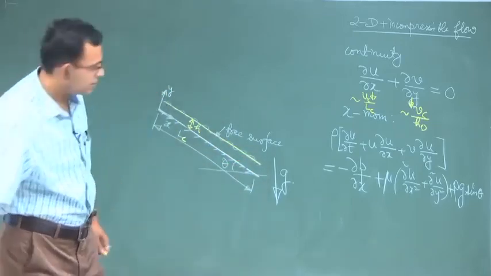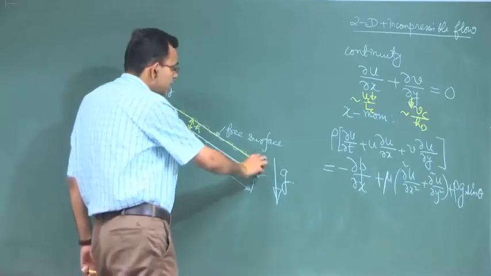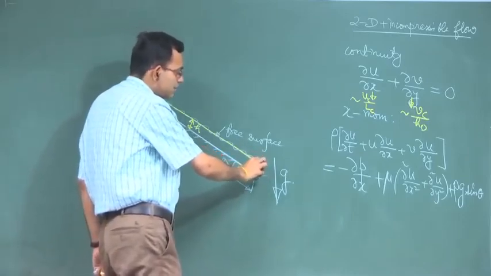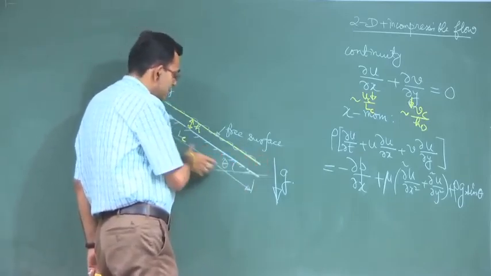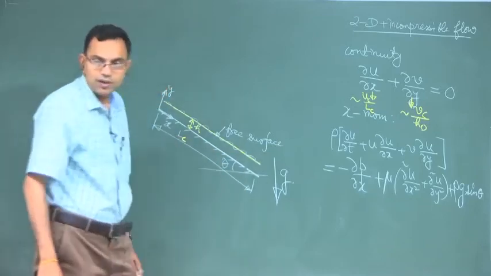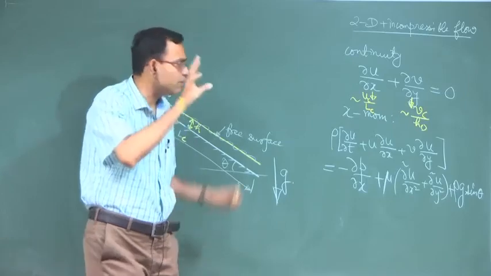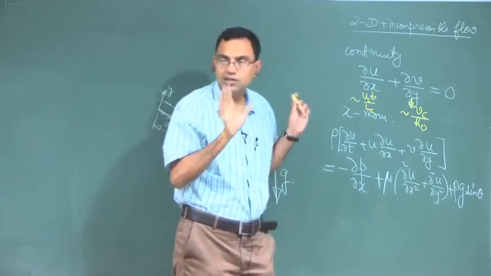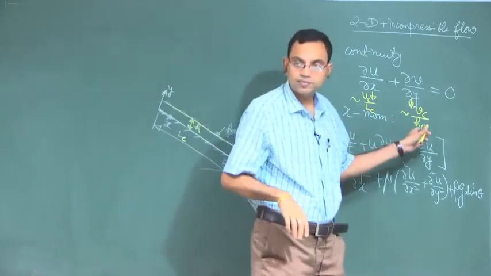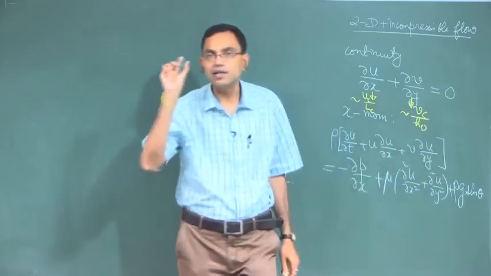In that case some reference length, say h at x equal to L, or average h or smallest h, whatever, some reference constant h you call h naught.